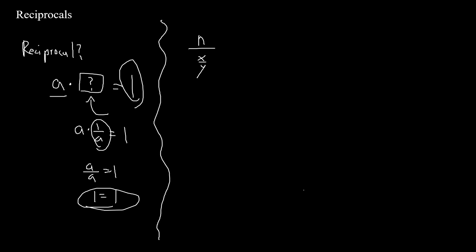Well, what would this be equal to? How do we know for sure that when you divide by a number, it's the same as multiplying by its reciprocal? Well, we can think about it this way.